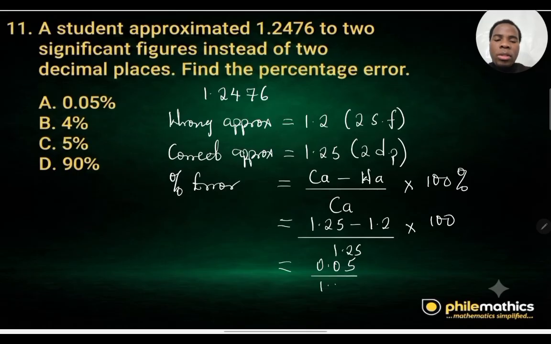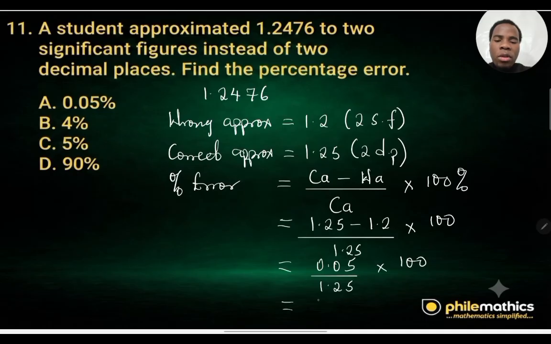And 1.25 times 100. I can multiply the numerator and the denominator by 100. If I do that, it simply moves the decimal point 2 places forward.